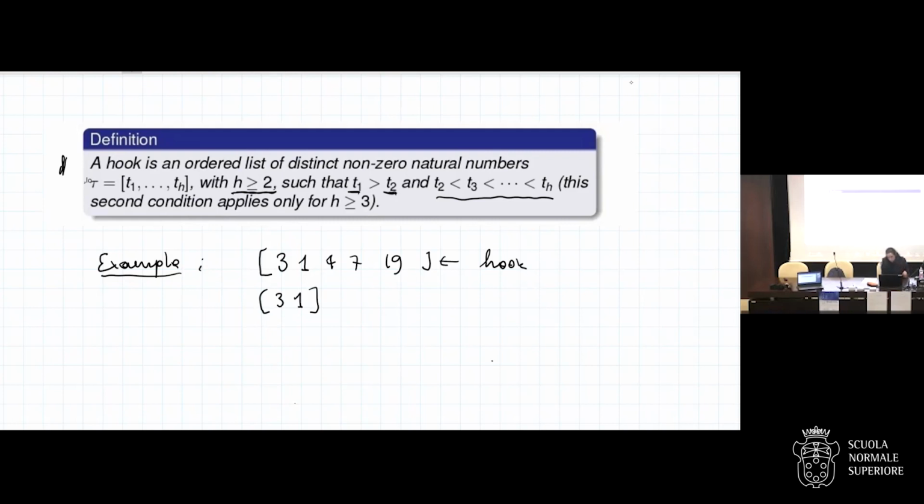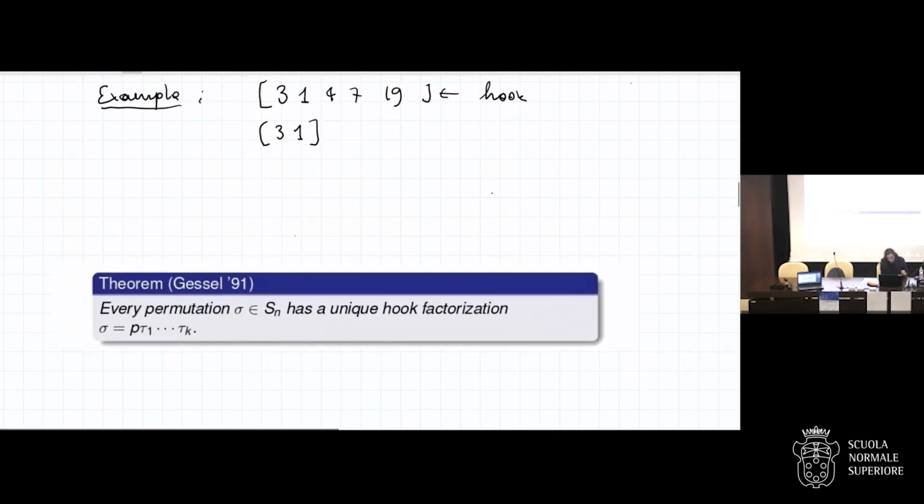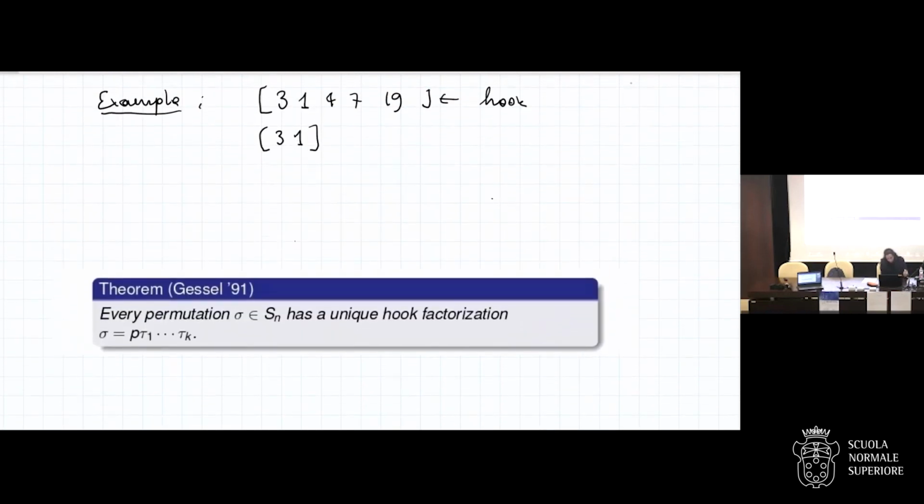Now, the reason why we're interested in hooks is that Gessel and Reutenauer in '91 noticed that every permutation in Sn has a unique hook factorization. This means that every permutation sigma can be written the following way: a certain prefix P, and then a list of hooks.